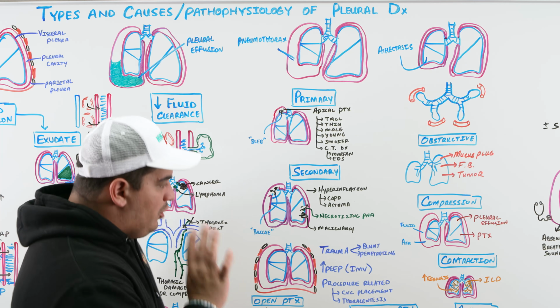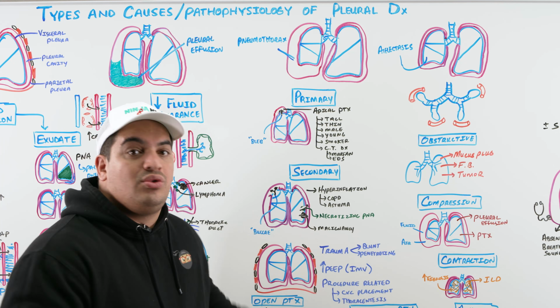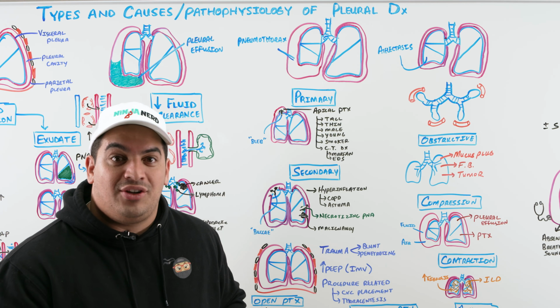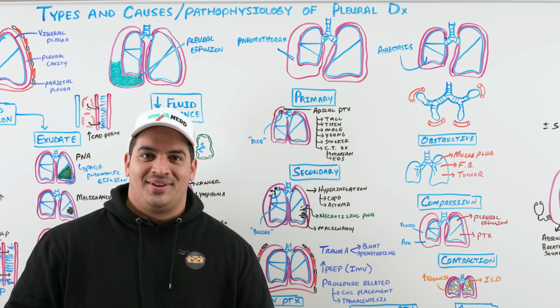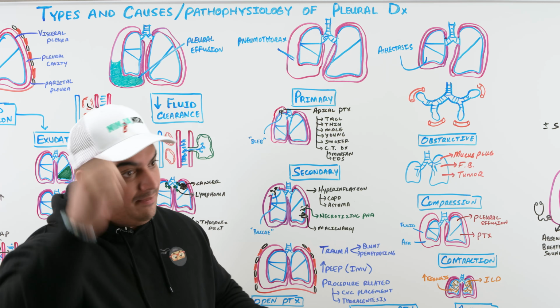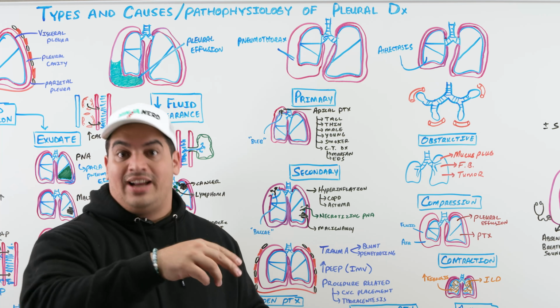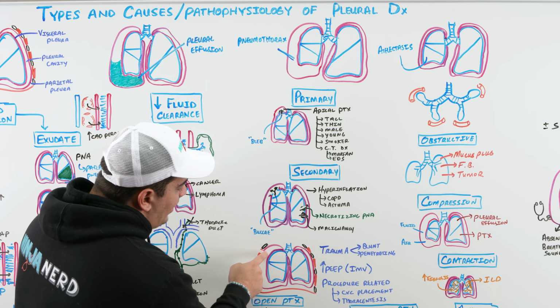Now, the last situation here is maybe it's not due to an underlying lung disease process, it's due to some type of problematic issue that either we did to the patient or the patient did to themselves. So if someone gets in a trauma, like they have a traumatic event, they get stabbed, right? They take a tomahawk to the chest, and we put a hole through their actual chest wall.